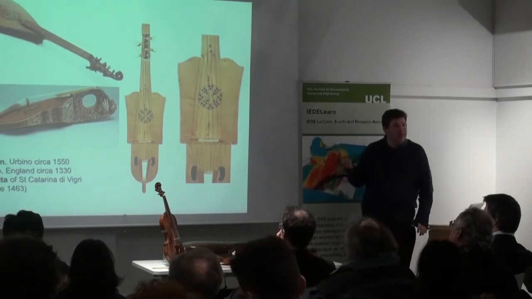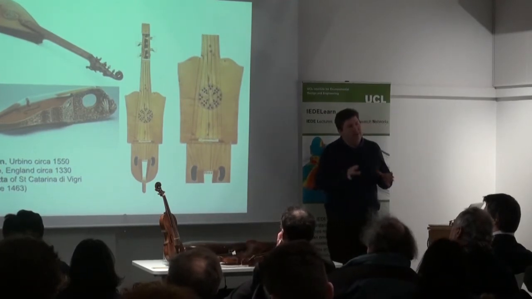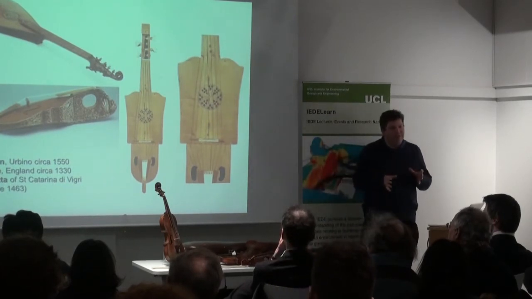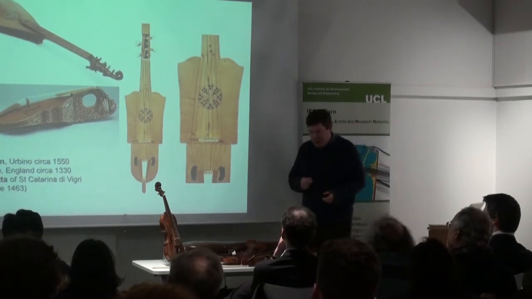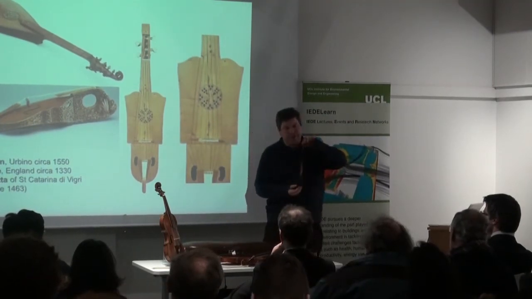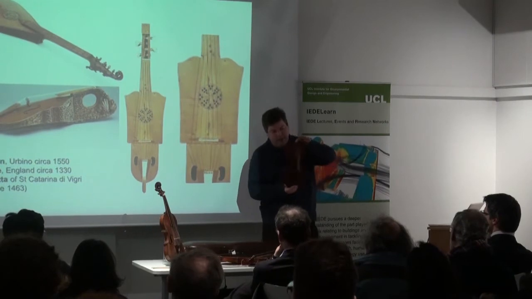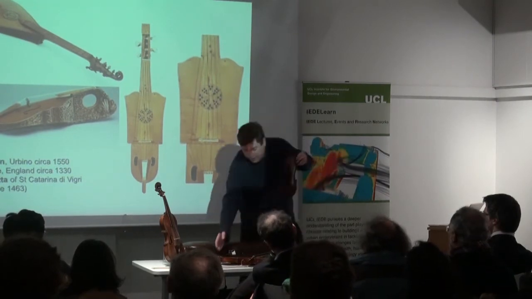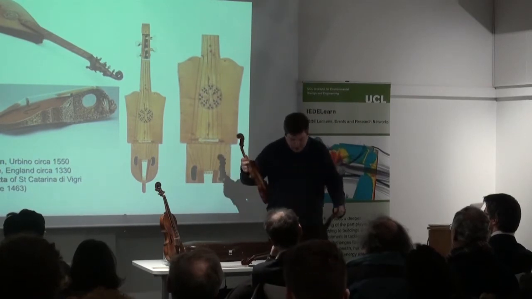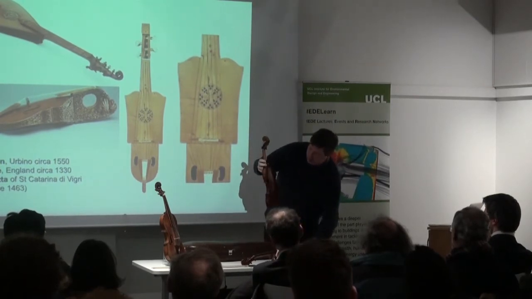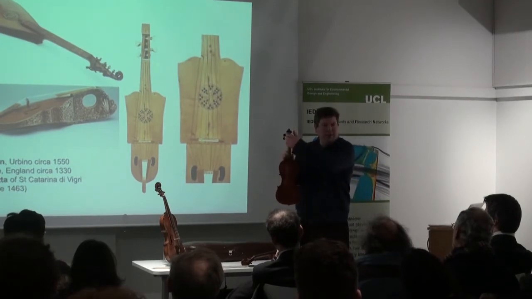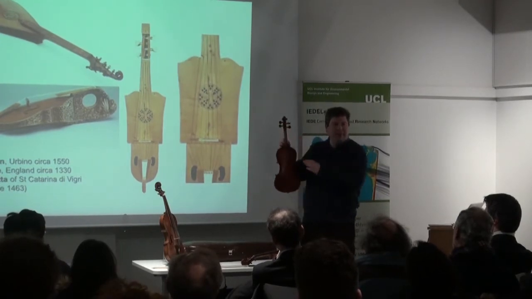And consistent with the violin, if it's not maple and spruce, it's still the same choice of hardwood or softwood. This is your spruce front of the violin, and everything that you can see in terms of the back, the sides, the neck, the scroll of this is made out of maple.